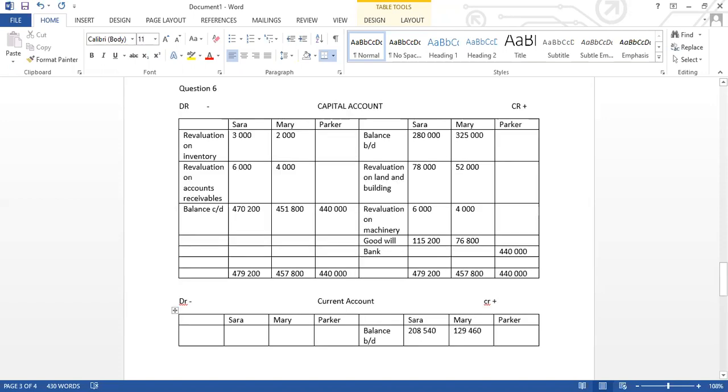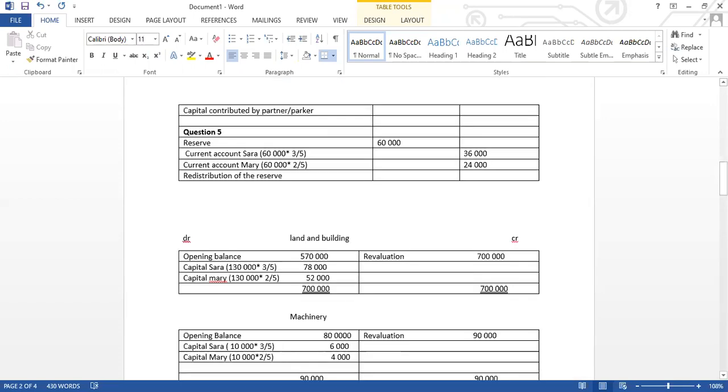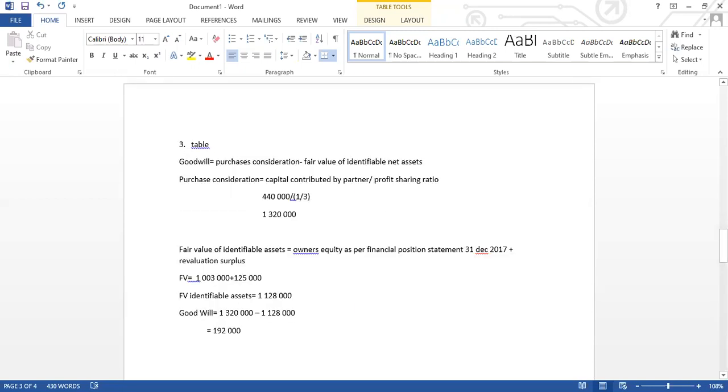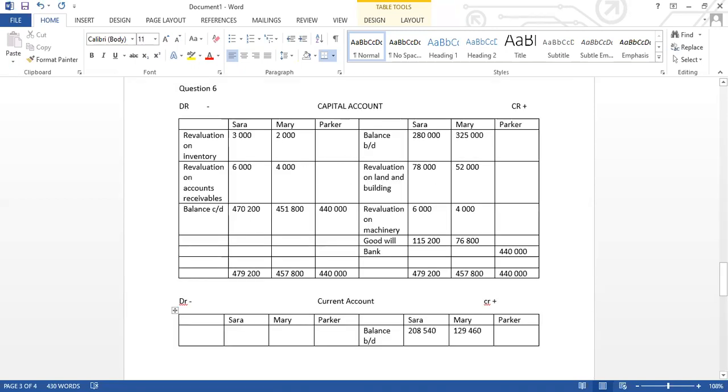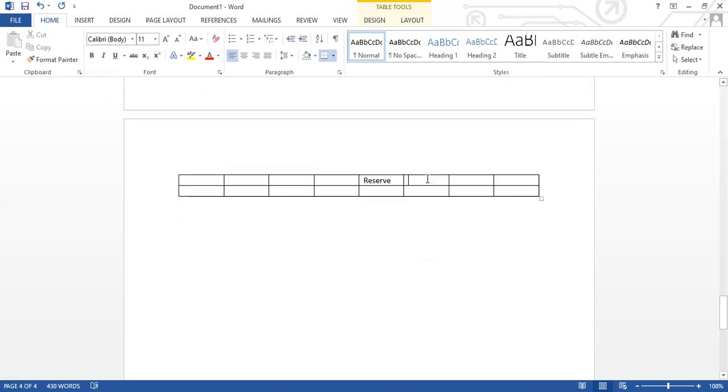Going back to the information, Sarah's reserve was 36,000 and Mary was 24,000. So 36 and 24. So we have 36,000 here.